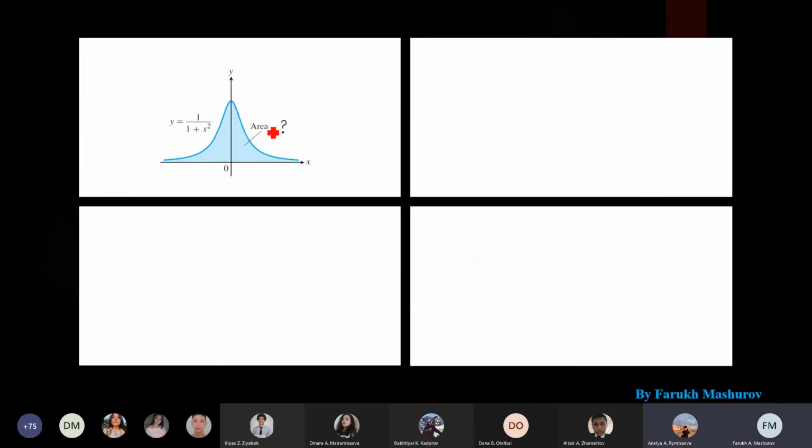What will be the area of this function, of this region? So you see here this part of our function approaches infinity, and this part of our function also approaches infinity.